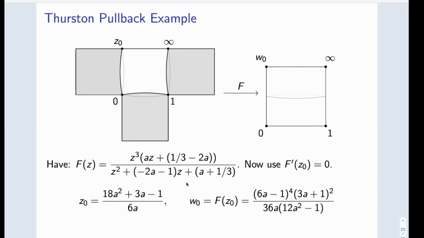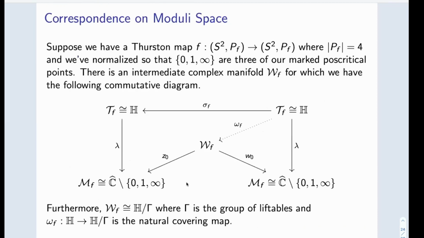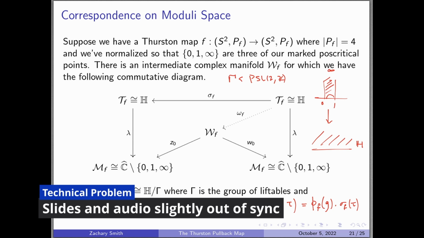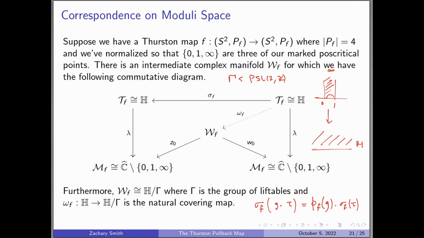Okay, so this is what Z0 and W0 are in terms of our remaining parameter A. Now unfortunately I have to go on a bit of an aside. I'm going to skip over a lot of details here, and I apologize for being vague, but there's a good chunk to get through still. But there's going to be an intermediate complex manifold called the Hurwitz space that I can place here in the middle of this diagram.